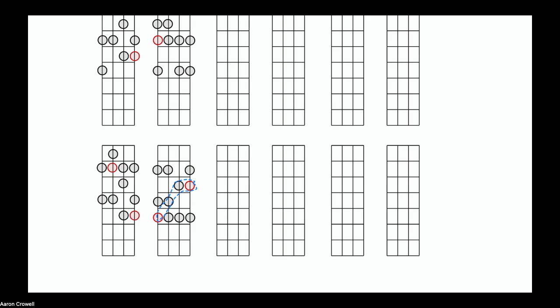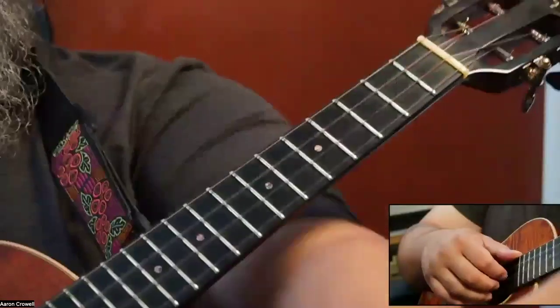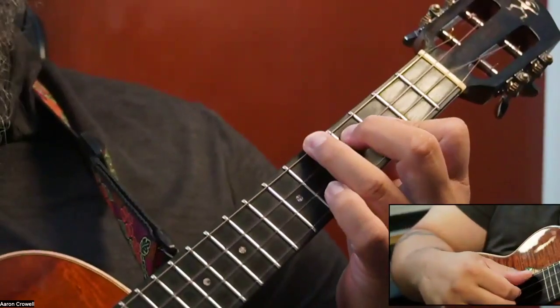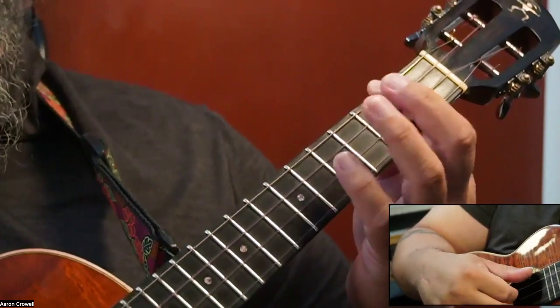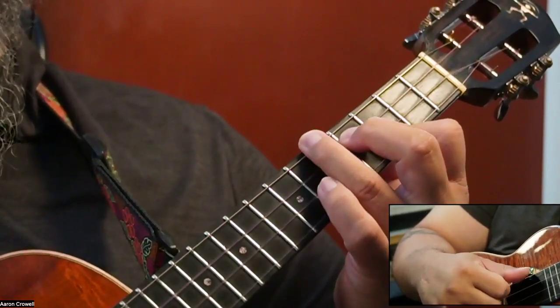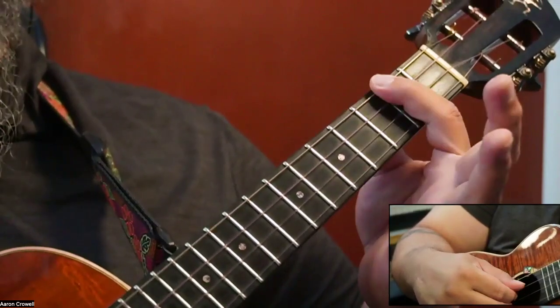Now, if I'm playing C, it would look like this when I'm holding it. Where my C chord is, I move my finger back one. Alright, so I would go to the second position.